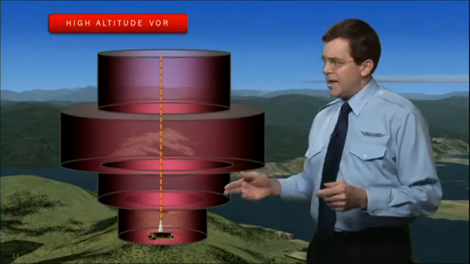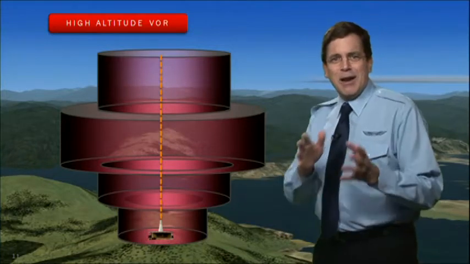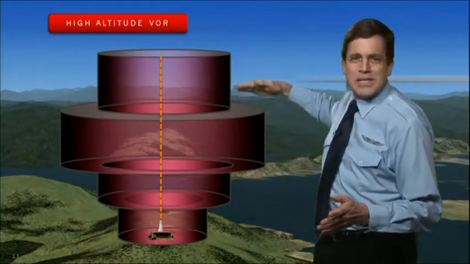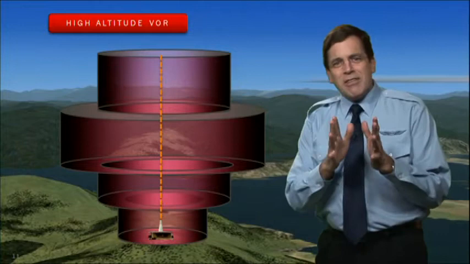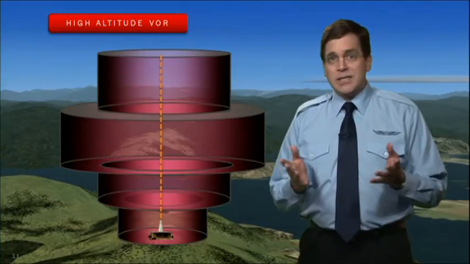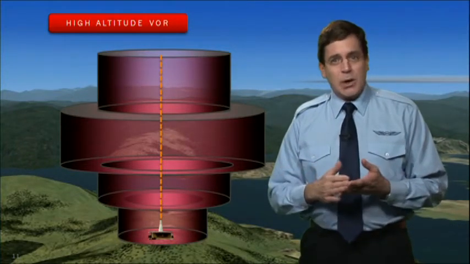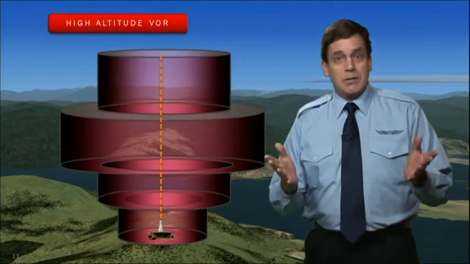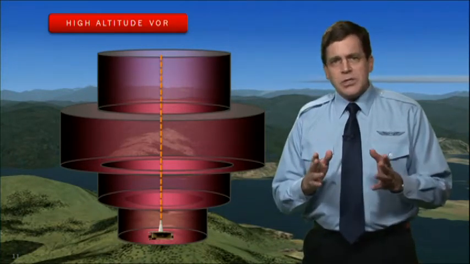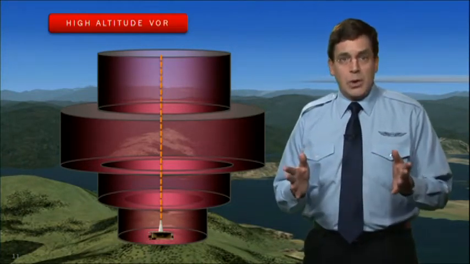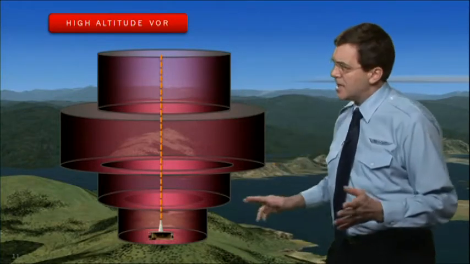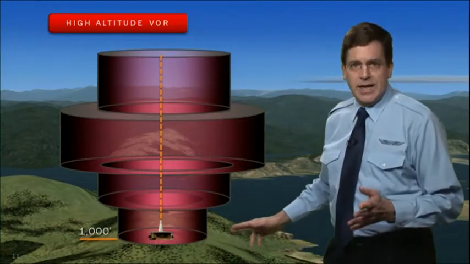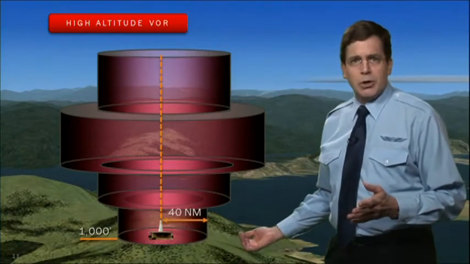Now here's the service volume for a high altitude VOR. First, notice it looks like an upside down wedding cake on a pedestal. The high altitude VOR provides the same type of information as a low altitude VOR, just with bigger boundaries. The first service volume tier is similar to a low altitude VOR in that it starts at 1,000 feet and goes out to 40 nautical miles.